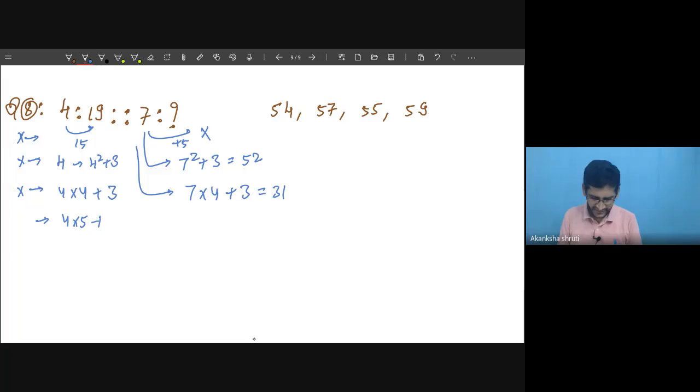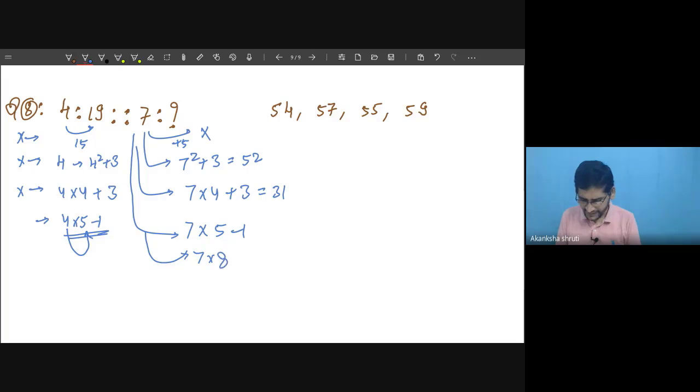Okay. Then for this 7, if we are thinking in this line, then 7 into, what was this? Either I can think this as 5 minus 1, or this gives another thinking also. 4 is increased by 1 itself. So this gives another thinking that 7 multiplied by 8 minus 1.